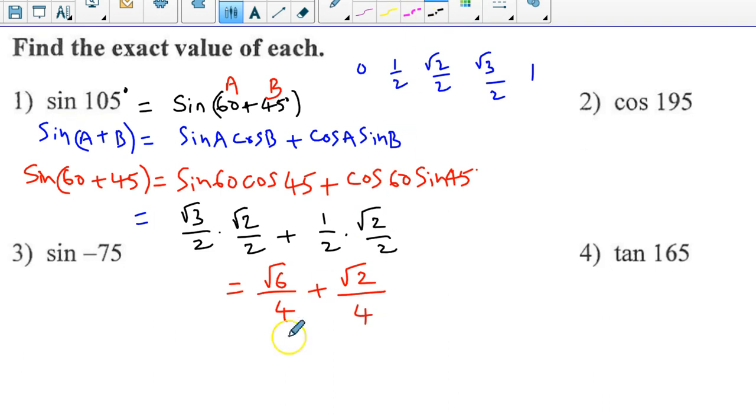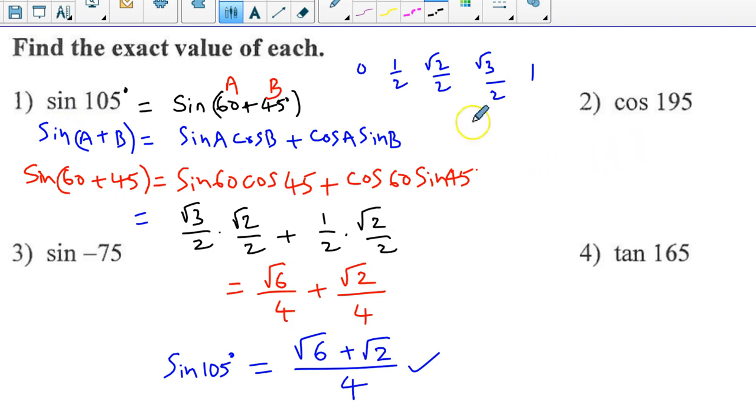Now in the last step, my denominator is 4, the same denominator. Just add those two numerators, that is root 6 plus square root of 2. Further we cannot add those two because root 6 is different from square root of 2. Hence this is my answer. That is the value of sine 105 degrees.